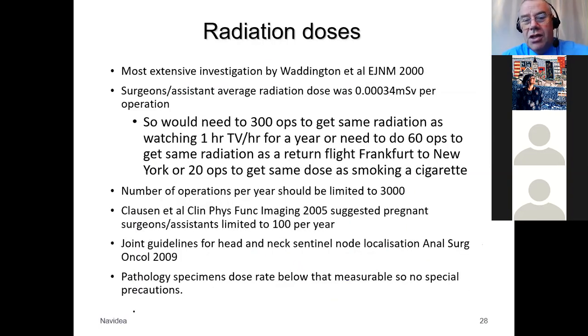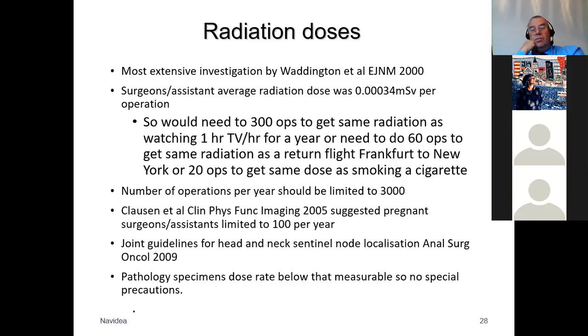What about radiation doses? Because there was some concern about radiation doses to surgeons because they don't really understand anything about radiation. You can tell that by the fact that they just endlessly irradiate themselves with fluoroscopy during operations. They looked at the radiation dose, this is at University College London, to both the surgeon and their assistant, and calculated it with the standard activity given for sentinel nodes.